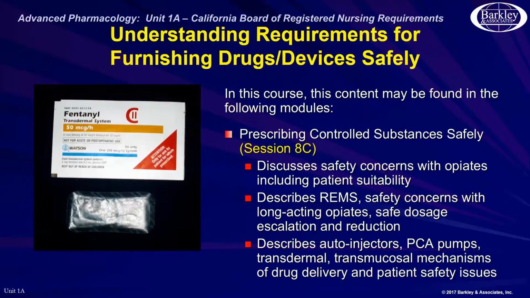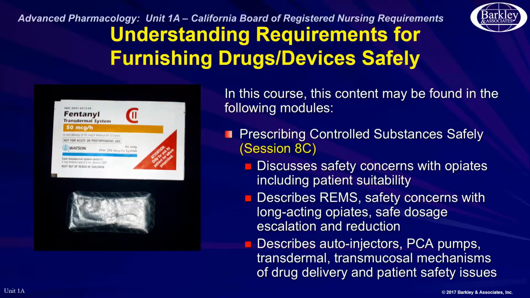In addition, as I stated earlier, you'll get a little more reinforcement of this key point in session 8C, which further reinforces a discussion of prescribing controlled substances safely. In this session, you will discuss safety concerns with opiates, including patient suitability for opiates.